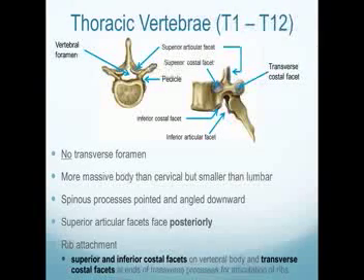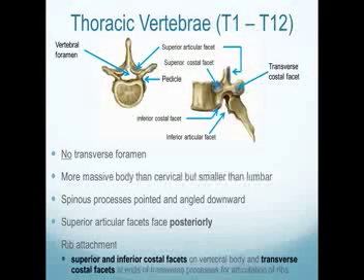Just like we saw in the general structure of a vertebra, we also see those same features here. So we have our superior articular facet, the vertebral foramen, the inferior articular facet, but we also have a couple of different facets that we have yet to discuss, and those are called costal facets.